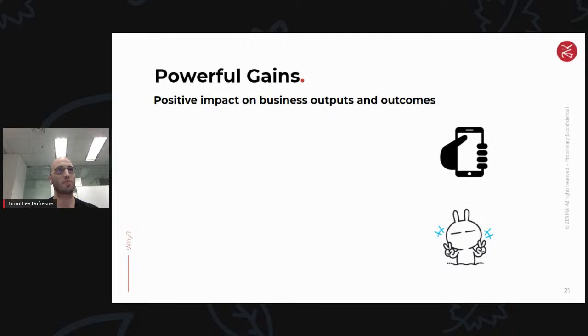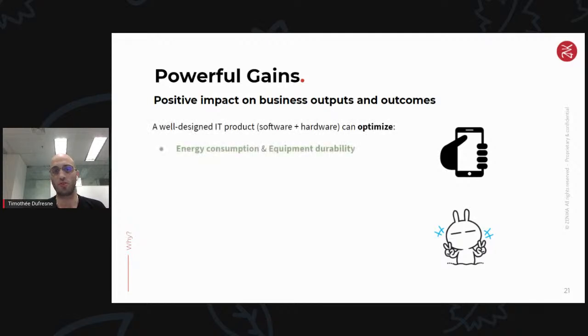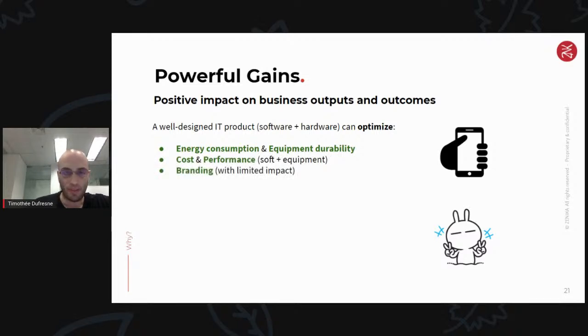The kind of impact is on the energy and equipment durability. If we create solutions that use less battery, less energy, we'll be able to bring something. We have cost and performance for equipment. We have the branding, and on the branding there's something important that I would like to share with you.